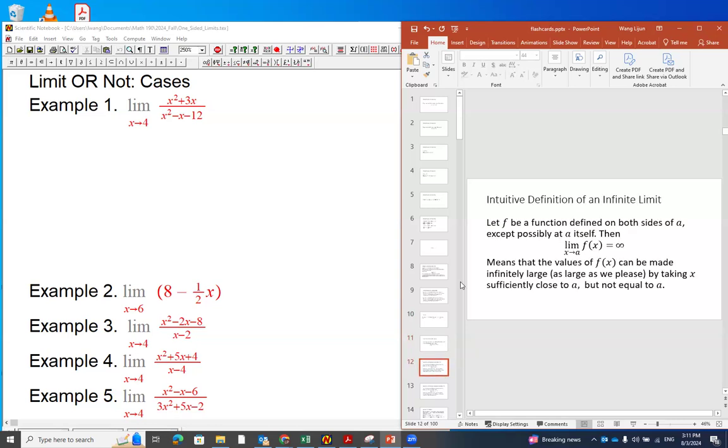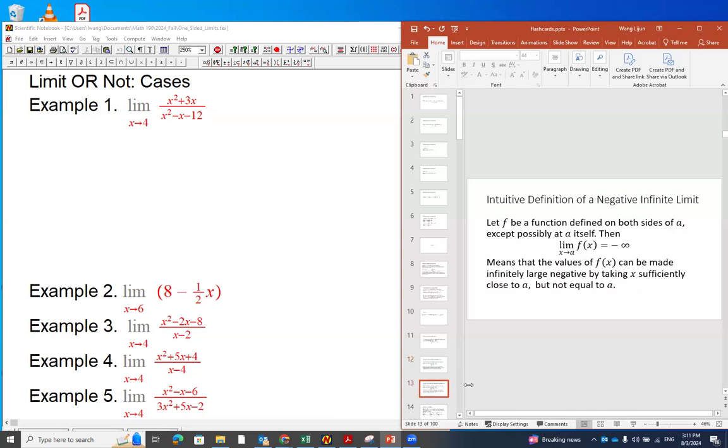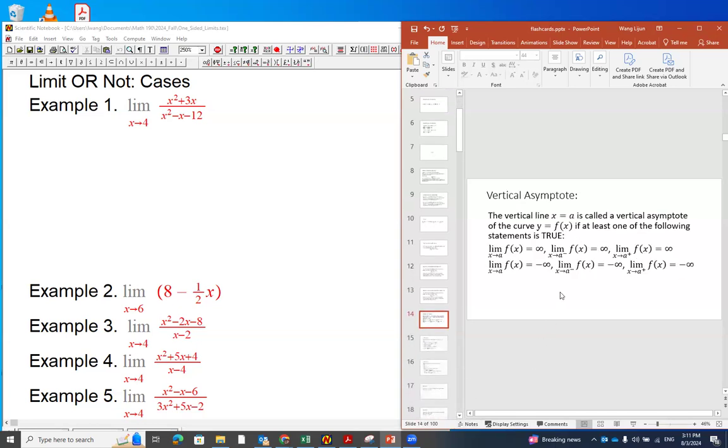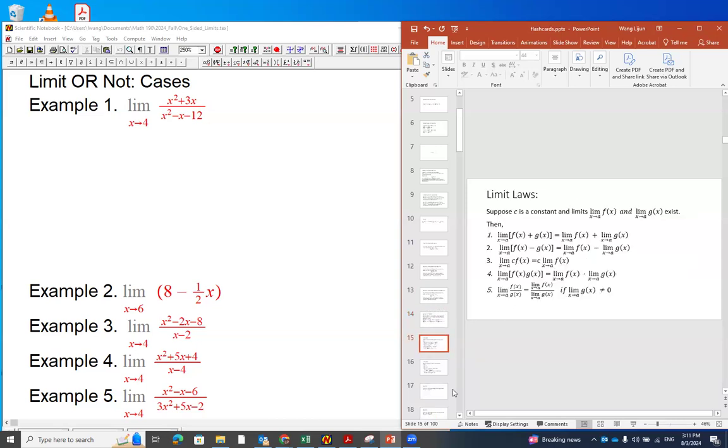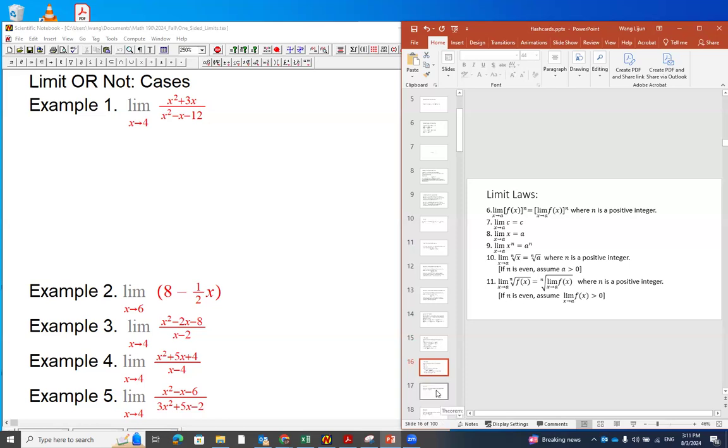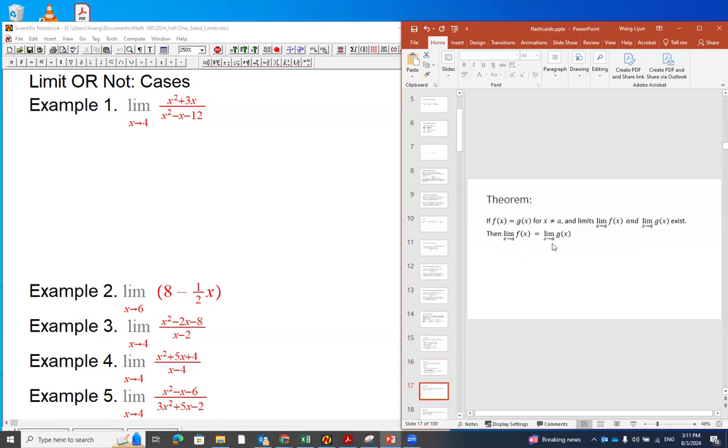The intuitive definition of an infinite limit, the intuitive definition of a negative infinite limit, limit laws, vertical asymptotes, and then limit laws again. So we have all these limit laws and the theorems that we have covered.